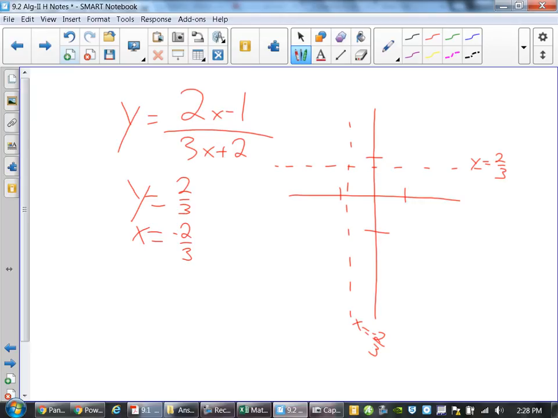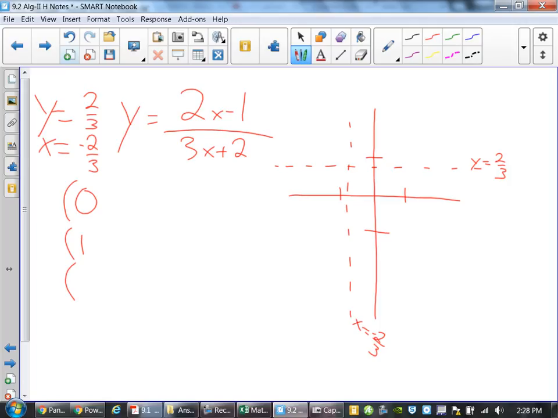Well, if I pick numbers to the right, numbers to the left, probably going to pick 0, 1, -1, -2, or -2 and -3 maybe might be a little bit easier in the way it's not right next to the asymptote. You just need to have 4 points.